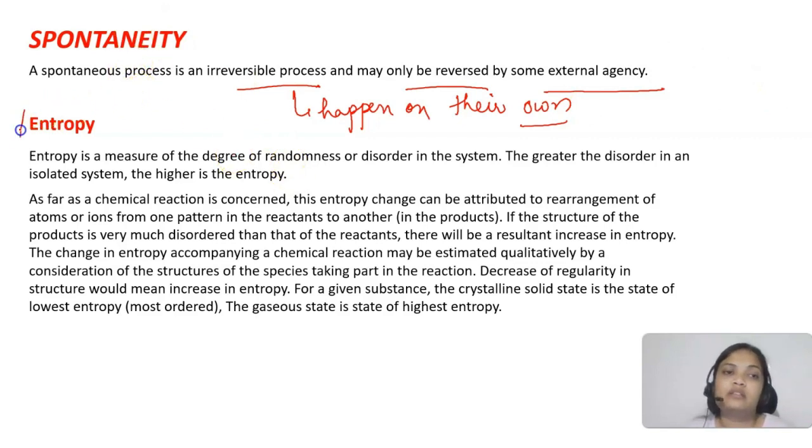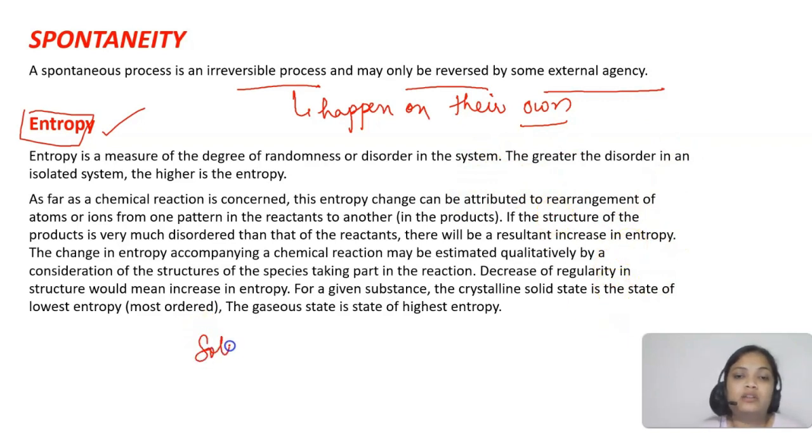Now in this chapter, we have another important term, entropy. Entropy is the measure of the degree of randomness or disorder in the system, that is, how much randomness or disorder is there in the system. The greater the disorder, the higher the entropy. So how do we consider entropy for chemical reactions? Let's say I have a solid, liquid and gas.